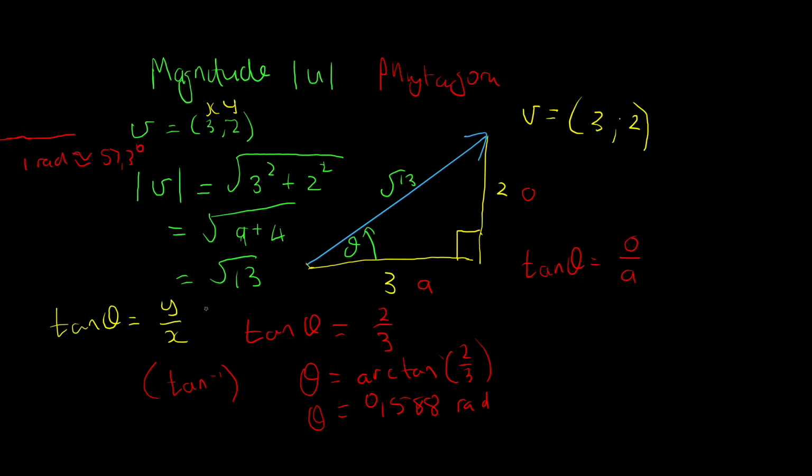So remember, if we do the angles, it could be that the angle is in a different direction. For instance, let's take another example. Let's take u, and this time we're going to put minus 3 and 4.